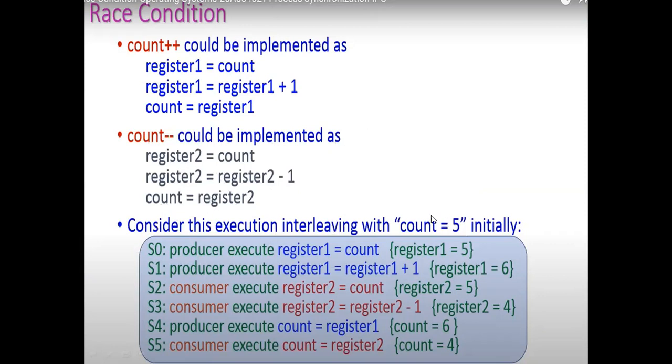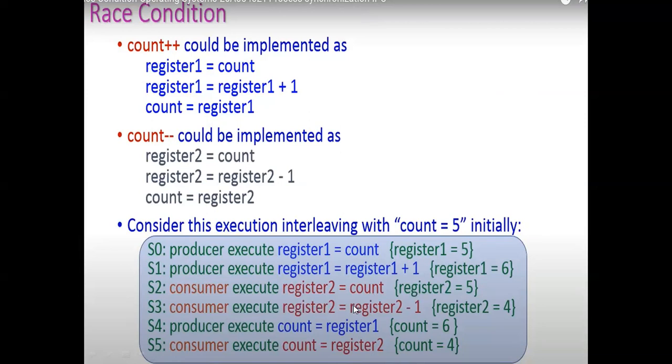Consider the situation of interleaving with count equal to 5 initially. The producer process executes: the count value 5 is stored onto register 1, and the register value is incremented by 1. The register value now becomes 6 and it is stored in register 1. Then the consumer process executes: the count value is initially 5, so the value 5 is stored onto register 2.